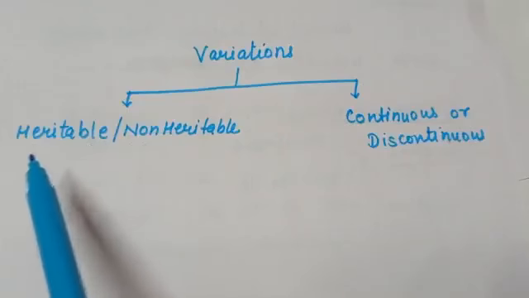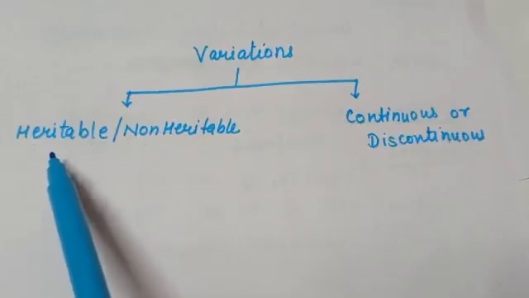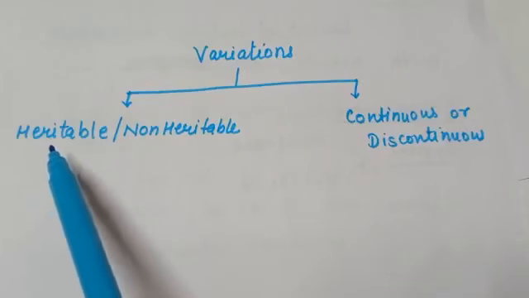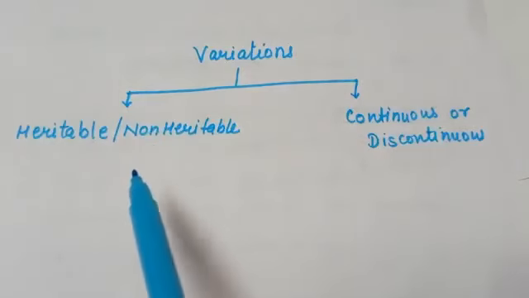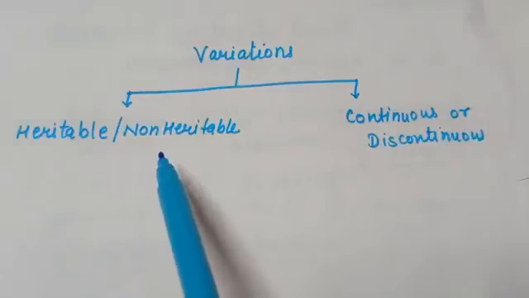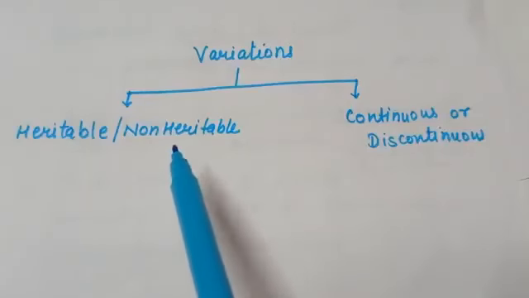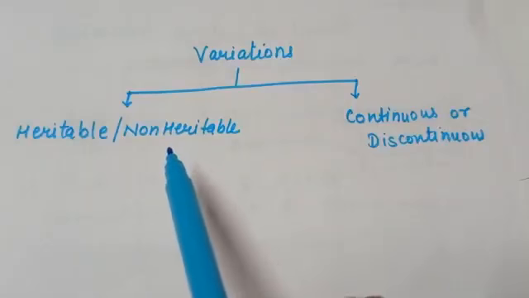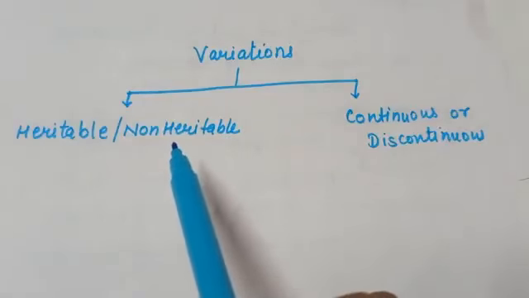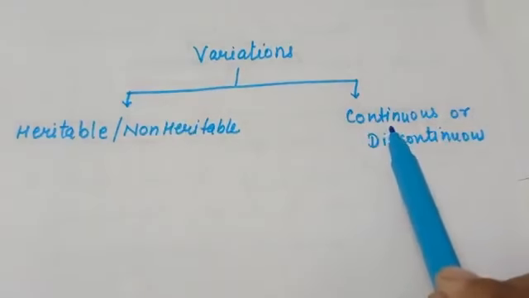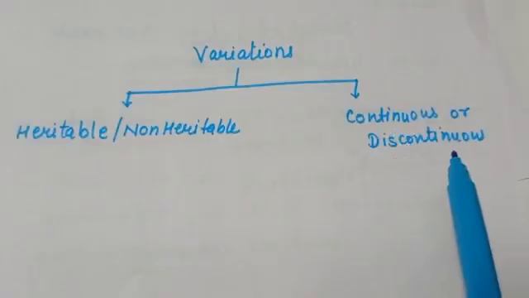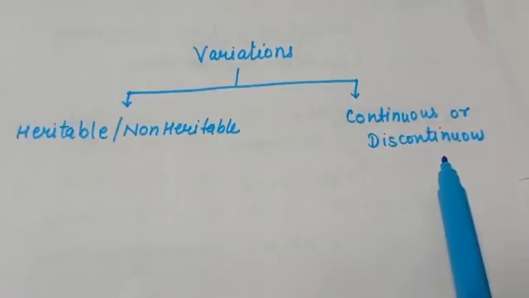Heritable means those which come because of heredity, the transmission of characteristics from one generation to another, and non-heritable are those which are not transferred from one generation to another. These are the environmental factors that affect the life of an individual. The second category is continuous variations and discontinuous variations. So now let us discuss them one by one.